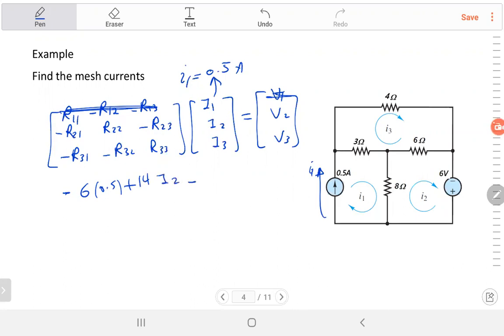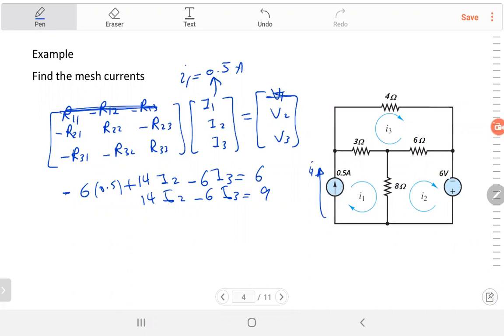Minus R23, which is minus 6, times I2. Equal V2. V2 is equal to 6 volts. So you can reduce this one: 14 I2 minus 6 I3. And you have 6, and here minus 3 plus 3 becomes 9.